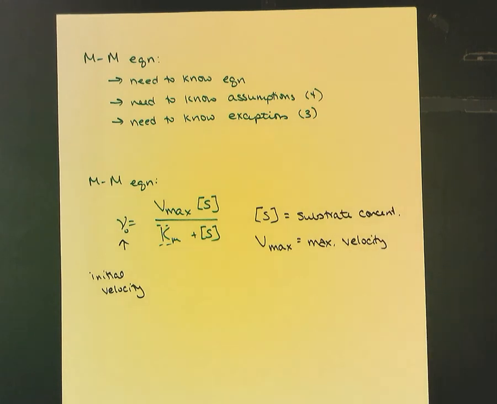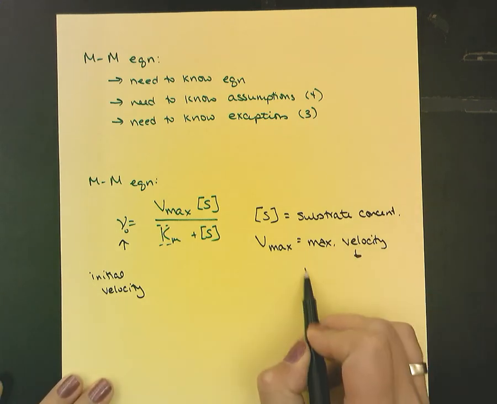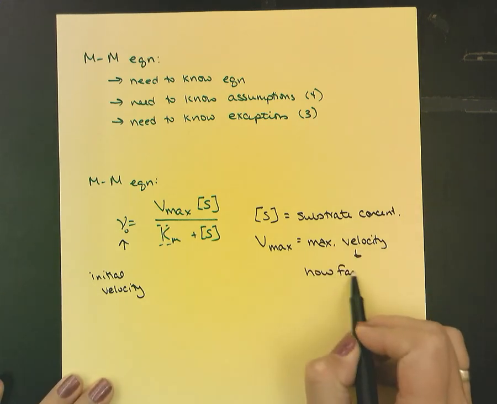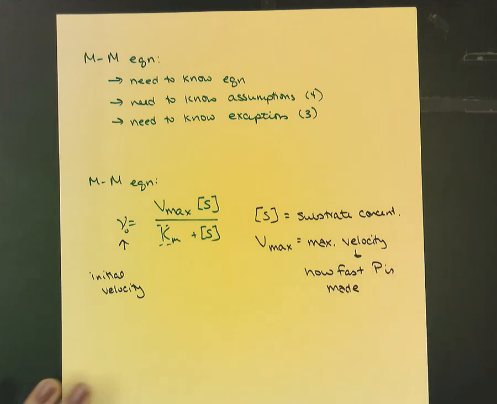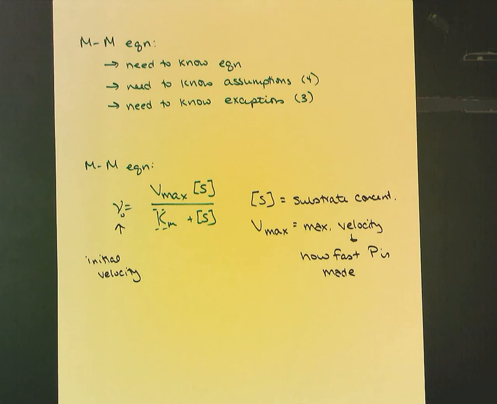What is it measuring the velocity of? The reaction. So it's measuring the velocity of the substrate, thank you, Mia, combining with the enzyme to make product. So it's measuring that velocity. How fast, really in general, how fast product is being made. So how fast P is made.